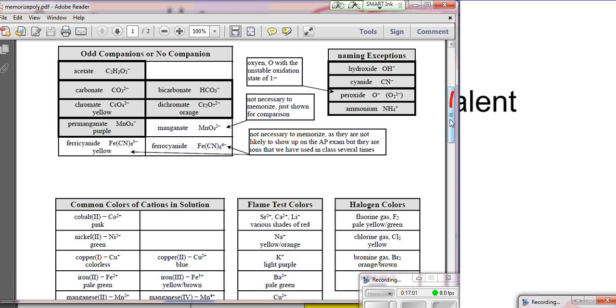We'll use that when we talk about acids and bases. Cyanide, notice how it ends in ide. If you were to name it as an ionic compound and it formed an acid, you'd have hydrocyanide. Well, that would become hydrocyanic acid. That's a weird one. Peroxide, this is the form of peroxide you'll see. You will almost never see oxygen with a -1 charge, so I wouldn't worry about it too much. And then there's ammonium, it's the only +1.